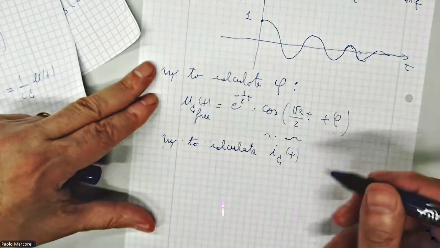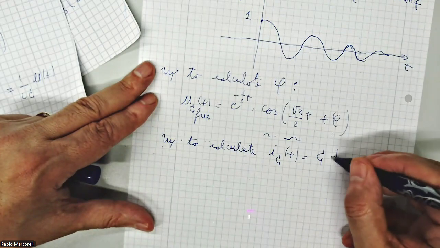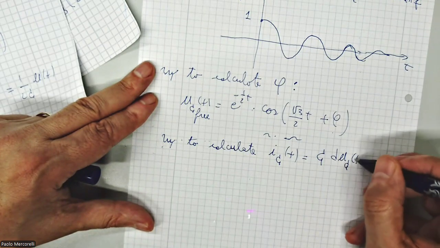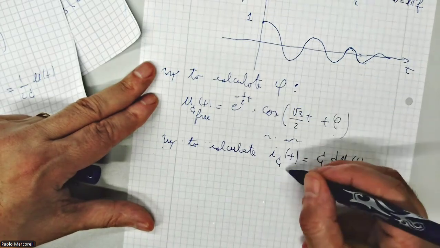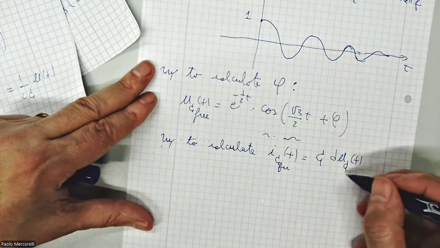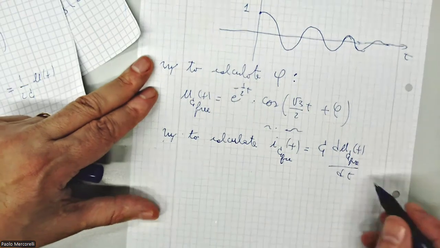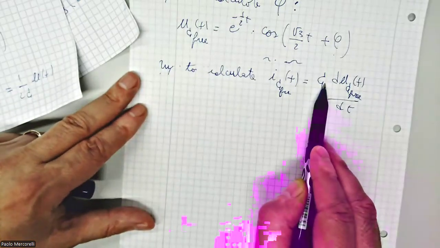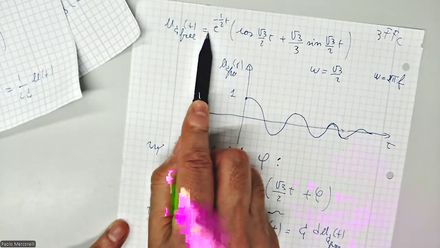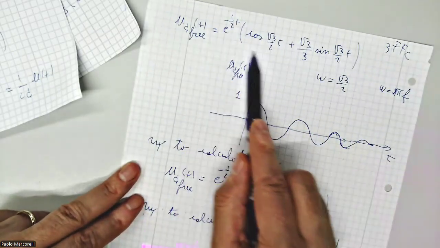Try to calculate EC, equals C times, of course, the free response, EC free. We are always in the case of free. It's not so difficult, because you have to multiply by C, which you know, and multiply the derivative of this.